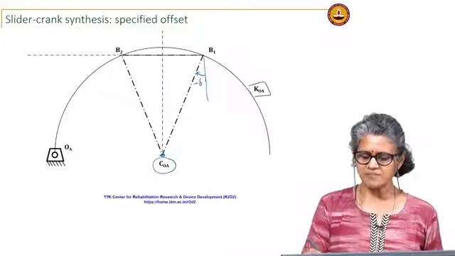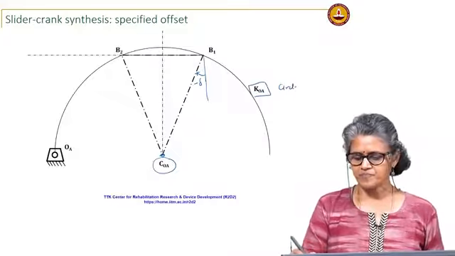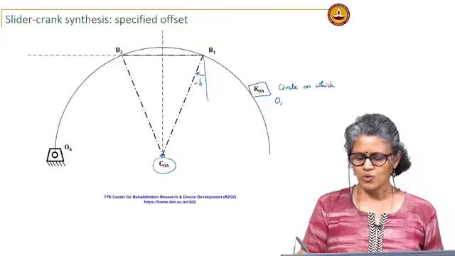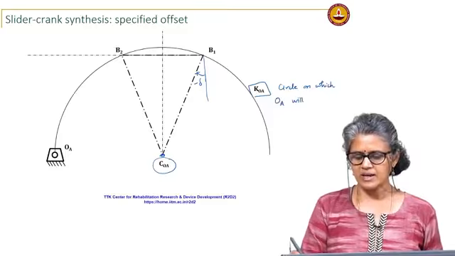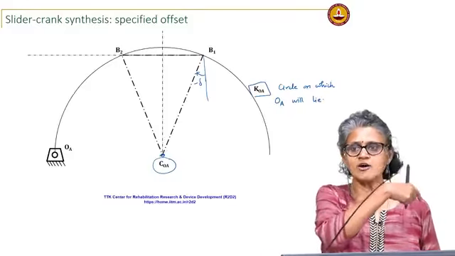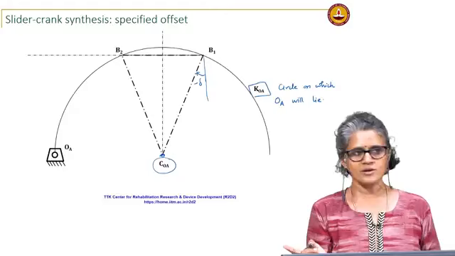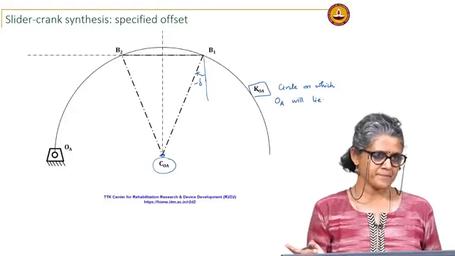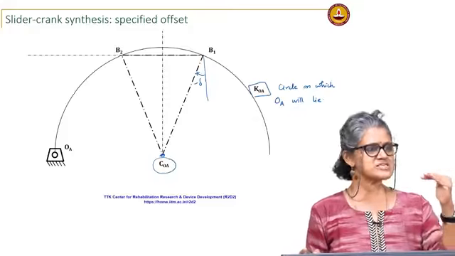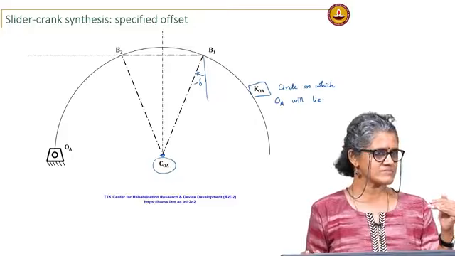So, this is the circle on which OA will lie. That is my infinity of options for OA, any point on that circle. Now, if I specify an offset, it is very easy.